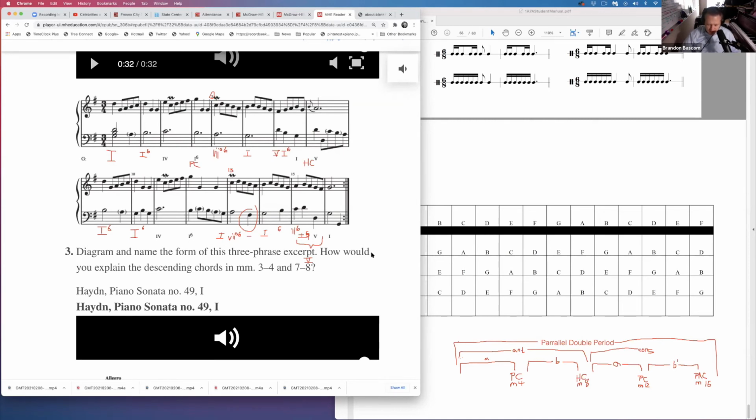This is right. However, they take it a step further for part A. So this is the whole form down here that we did, right? But they take A, 1 through 8, a step further. They break A down, which we didn't do.